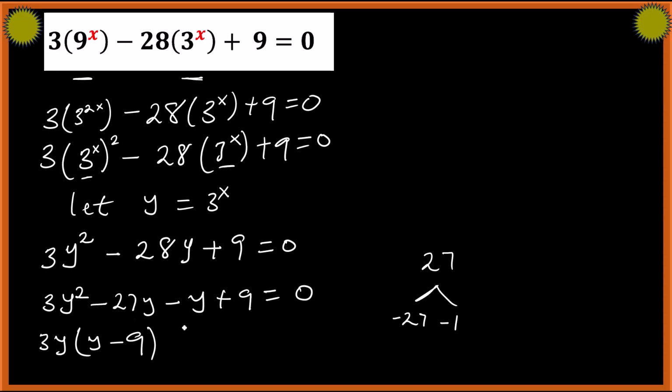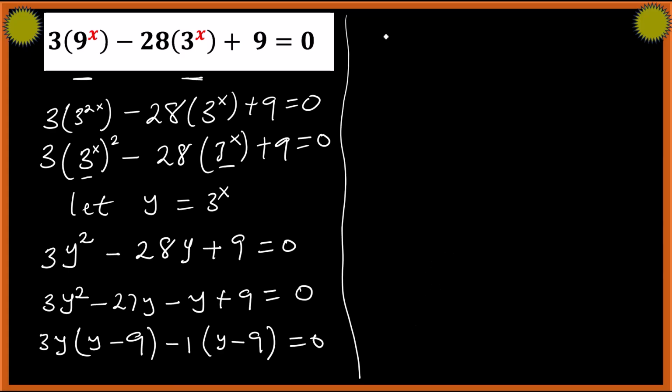Now let's take negative 1 out here. If I do that, we'll leave y minus 9 equal to 0. Going back, minus 1 times y is minus y. Minus 1 times minus 9 is plus 9.